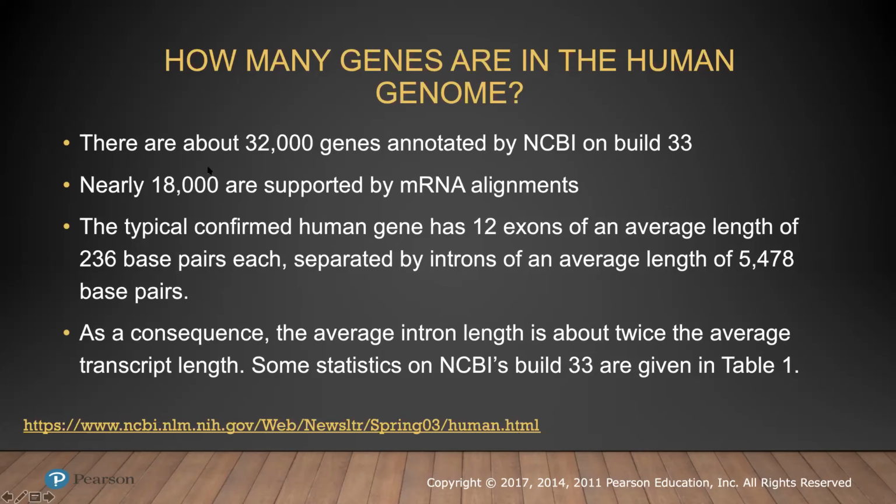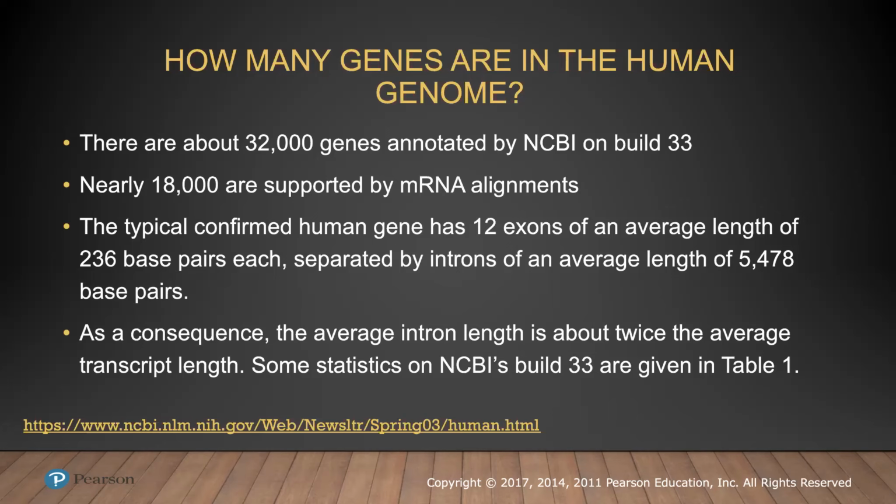But as of when this was posted, 18,000 of them have been confirmed to have very specific messenger RNA sequence alignments. And when they've looked at these 18,000 different genes that have these messenger RNA alignments, what they have found is that a human gene has about 12 exons that comprise it, at an average length of about 236 base pairs.